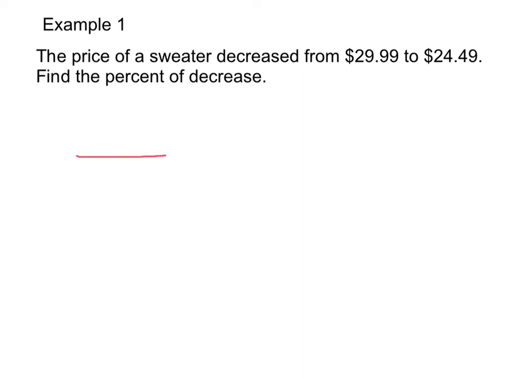Well, obviously our amount of change is just going to be subtracting $24.49 from $29.99. So if we subtract, we have a decrease of $5.50 divided by our original amount of $29.99.